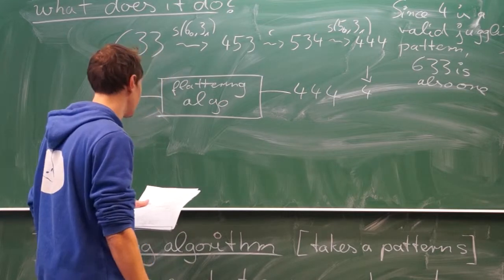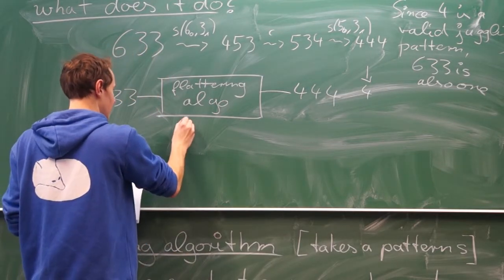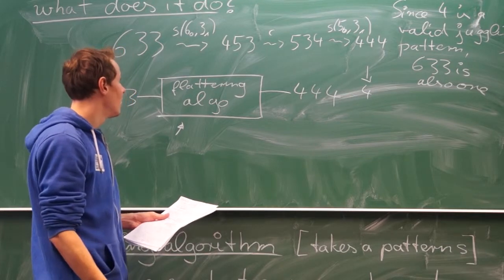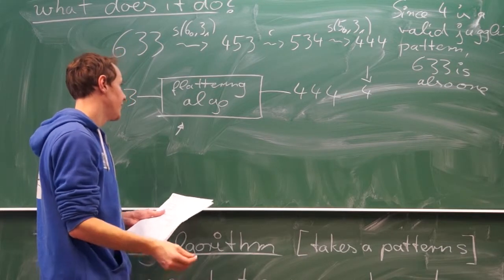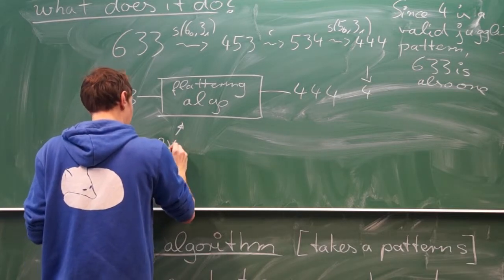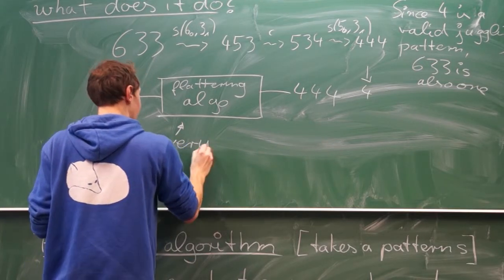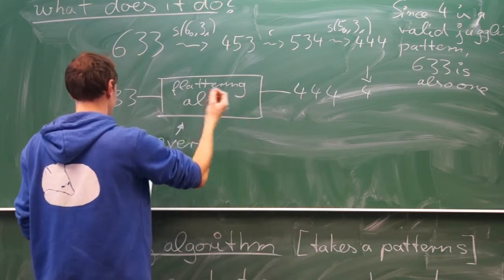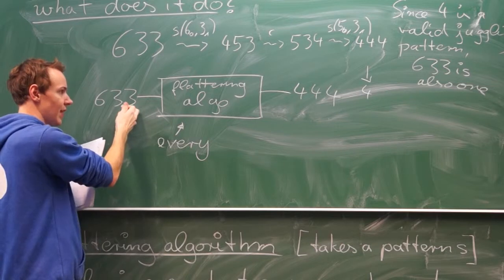And since this thing here is only using operations which don't change the validness of the pattern, then we end up with the new idea that this one is also valid.